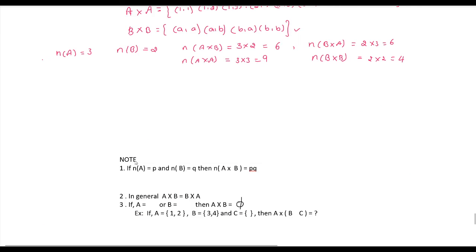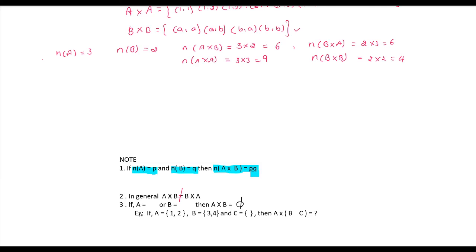So what we can conclude from this is, if the number of elements in the first set is p and the number of elements in the second set is q, then the number of ordered pairs in the Cartesian product will be the product of these two, that is p into q. Now one more note, in general A cross B is not equal to B cross A. This we have understood from the example.